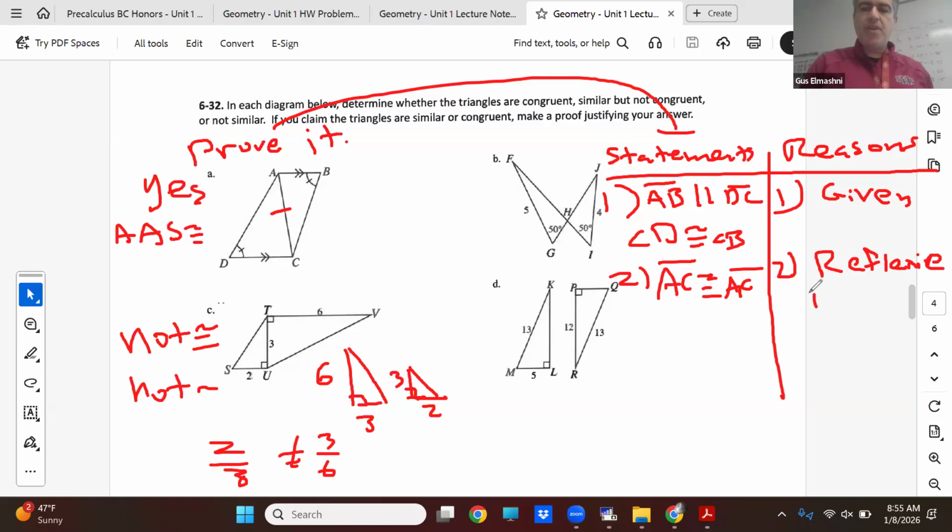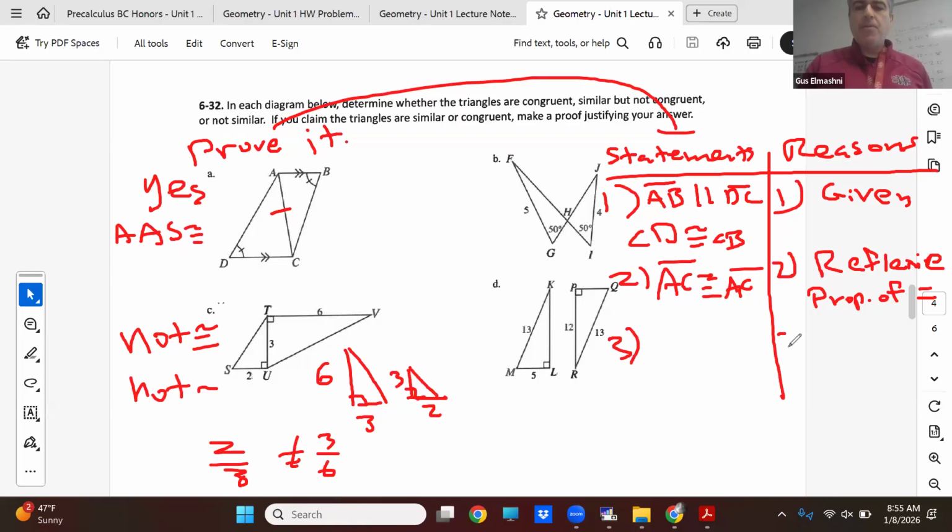Technically you should say reflexive property of equality. If you just say reflexive, I'll give it to you. But as a formality, you might see it in an answer key, because you're saying two things are equal due to the reflexive property. But if you say reflexive, I know what you mean. So that's all good.